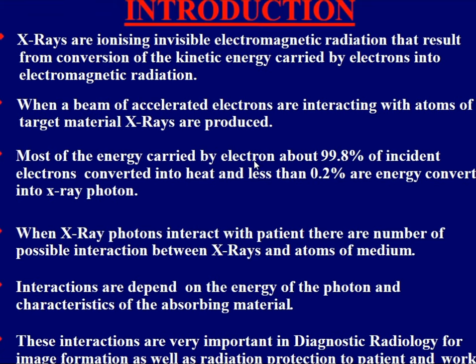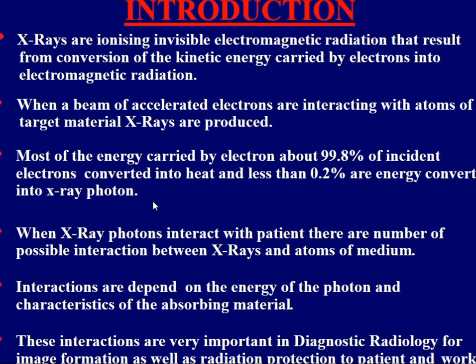Now, of the energy carried by the incident electron, 99% is converted into heat energy, and very little energy, about 0.2% of the energy of the incident electron, is converted to the energy of the X-ray photon.